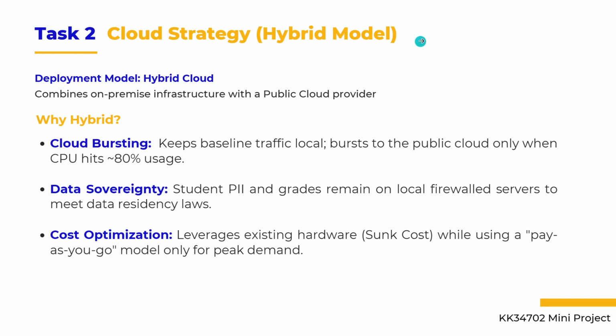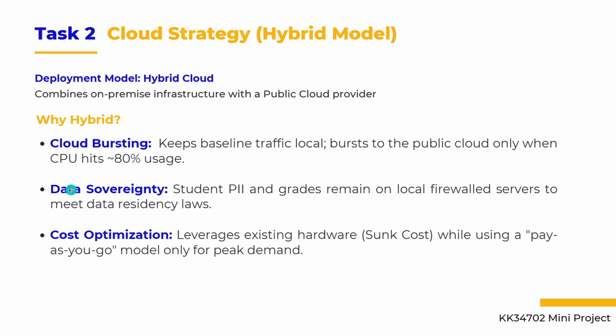So, what is our cloud strategy? The deployment model used is the hybrid cloud. This combines an on-premise infrastructure with a public cloud provider. Why hybrid? Because of cloud bursting. This keeps baseline traffic local, and it bursts to the public cloud only when the CPU hits around 80% usage.